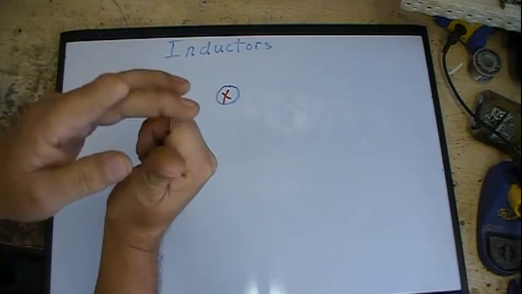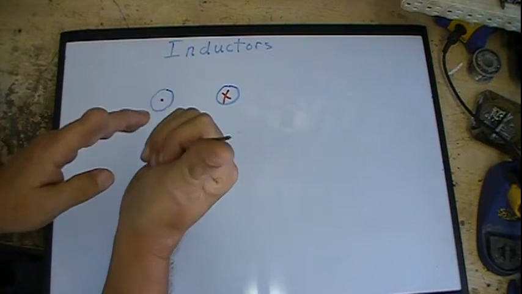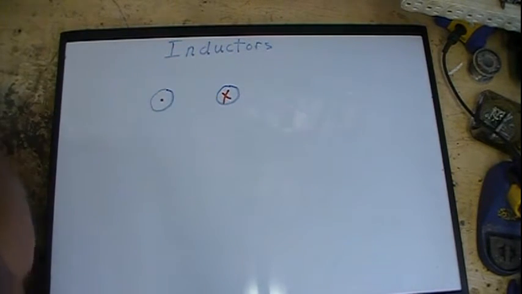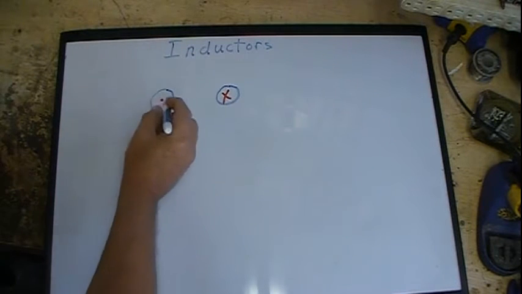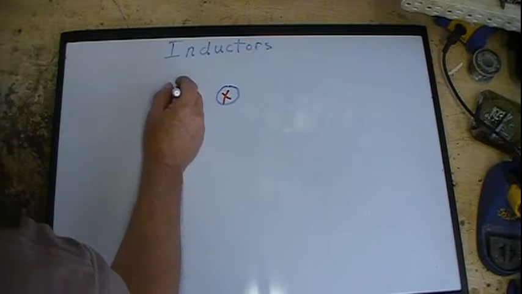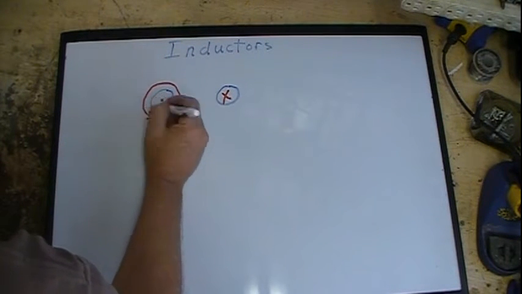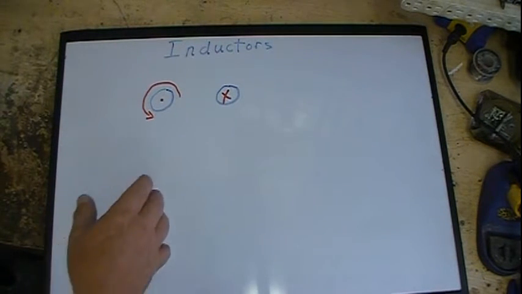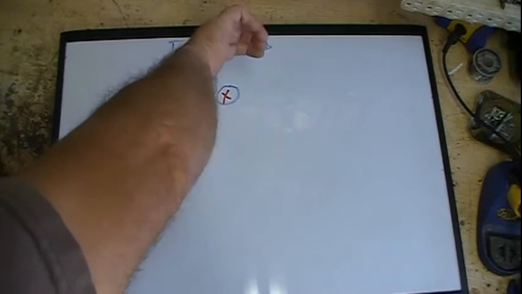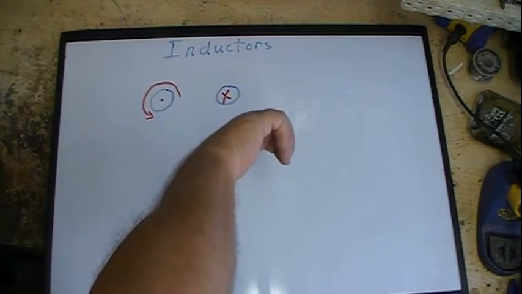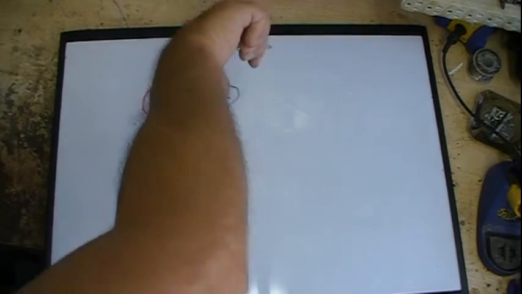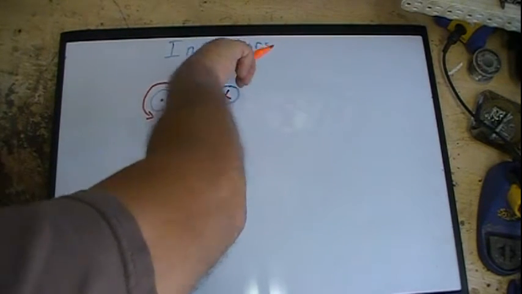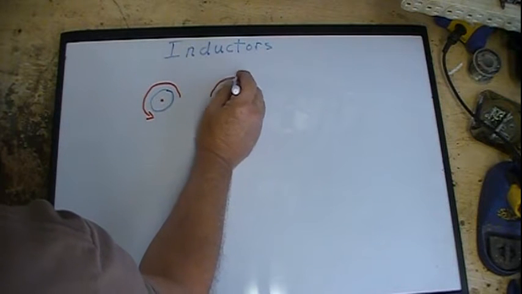So if the current was coming out the end of this wire, then my fingers will show the direction of the magnetic field, rotating around like this. If the current's going the opposite direction, I turn my hand over with my thumb pointing down, and my fingers will show the direction, which will be like this.